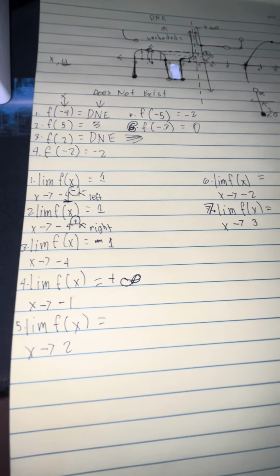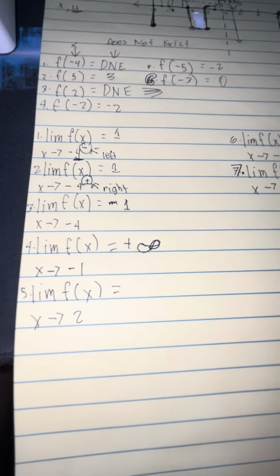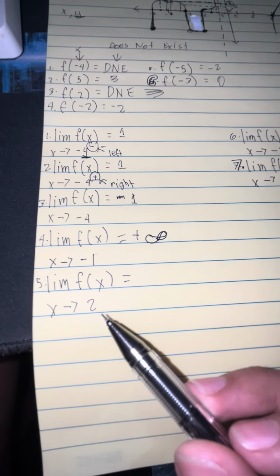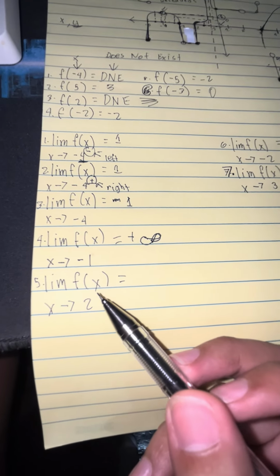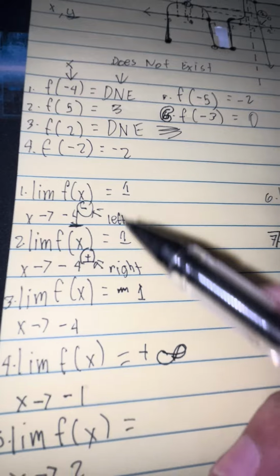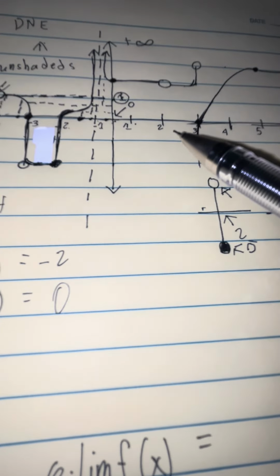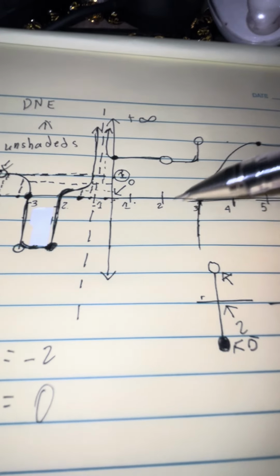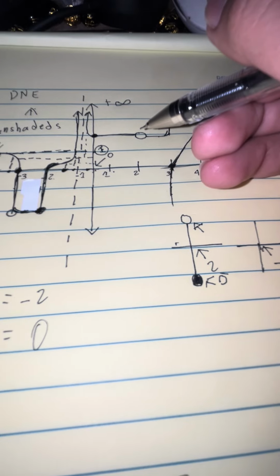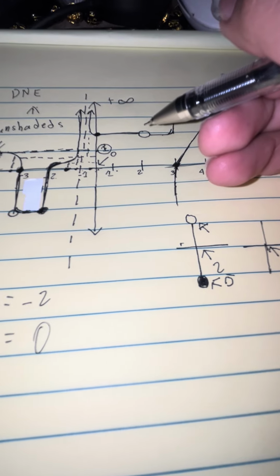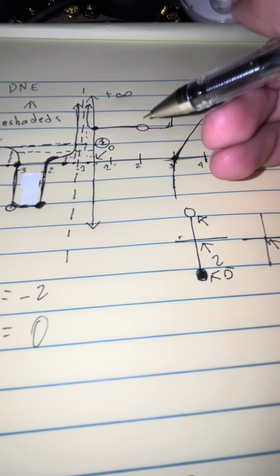Yeah. Let's move on. Now let's go to as x approaches 2. Now we're still considering both sides because there's no symbol here. So where's 2? 2 is right here. Now, as x approaches 2, you might be confused. Hey, there's an unshaded circle here. That means it's DNE.